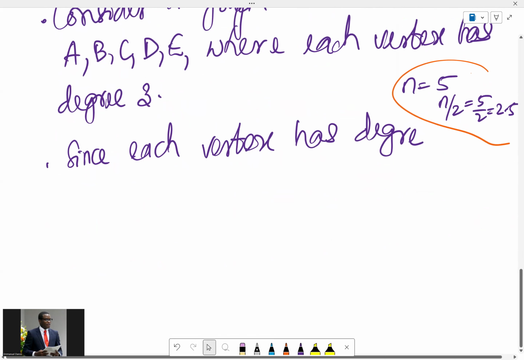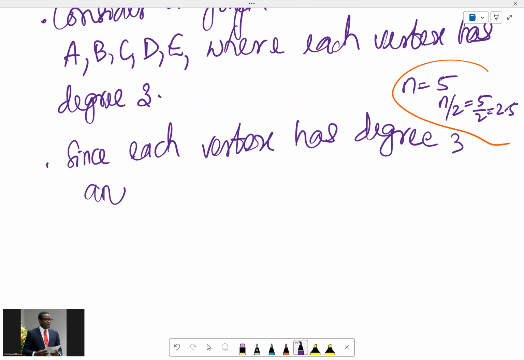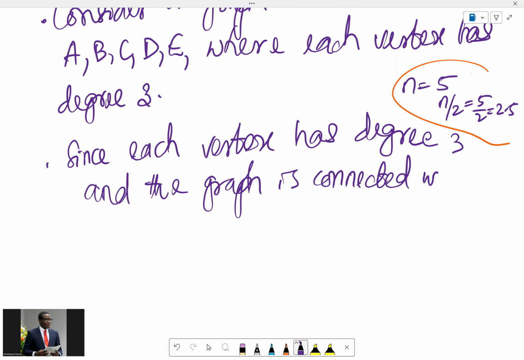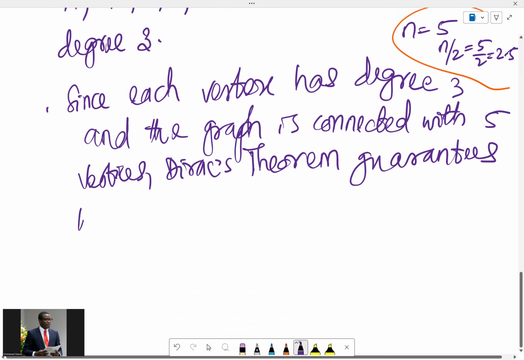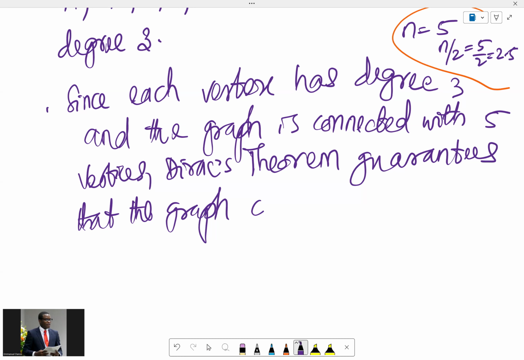Since each vertex has degree 3 and the graph is connected with 5 vertices, Dirac's theorem guarantees that the graph contains a Hamiltonian cycle.